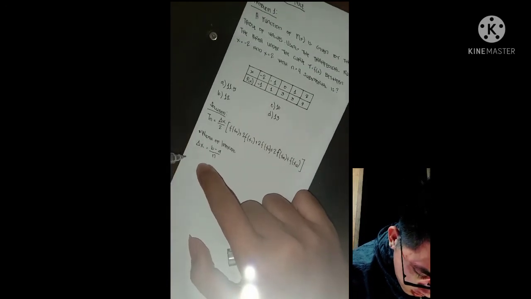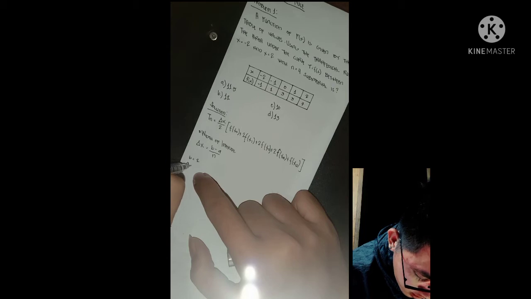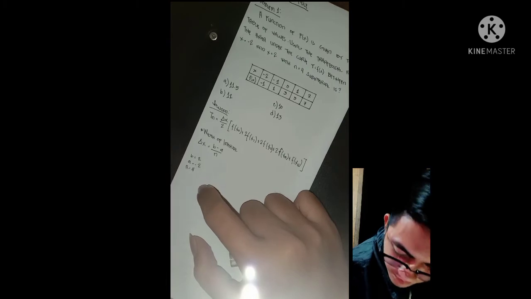Our b is equal to 2, our a is equal to -2, and our subinterval n is equal to 4.